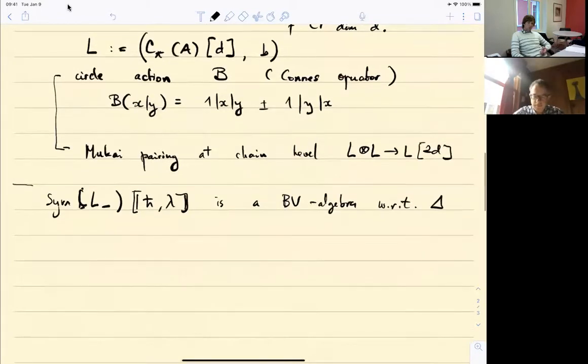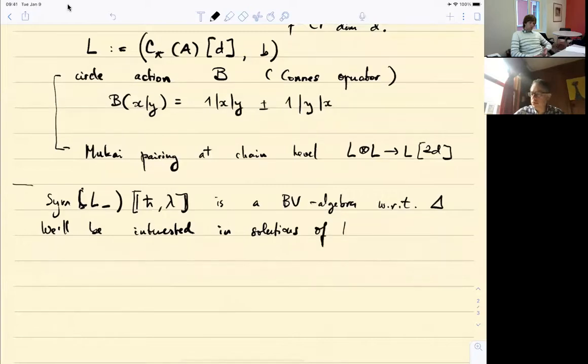And we will be interested in solutions of the quantum master equation. And the solutions of this quantum master equation will look like the following thing.